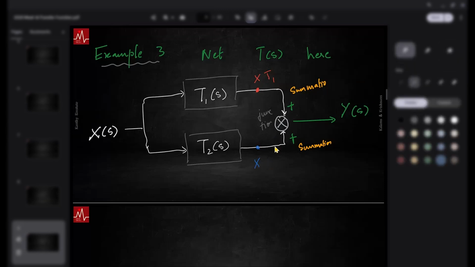By definition, that is the transfer function of that system, the ratio of output to input. So output is input times the transfer function. That is your output. So what is your y of s? And more importantly, what is the net T of s? Can anyone guess?